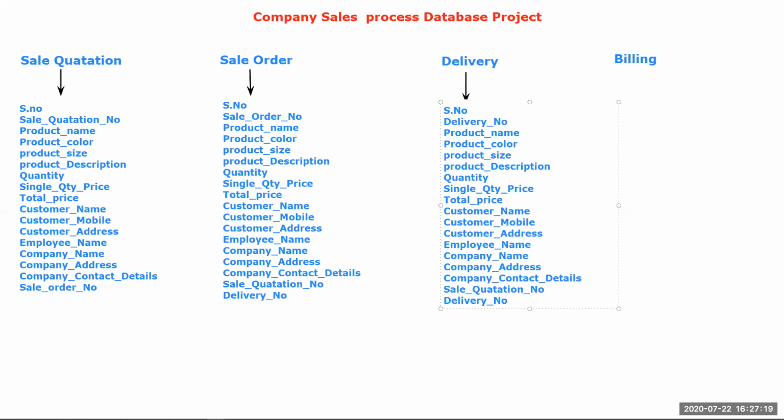So those fields we need here and here. We don't need quotation, right? We need order here. Okay, so the previous table is sale order, right? So we need order here, and here you have to change delivery into billing.